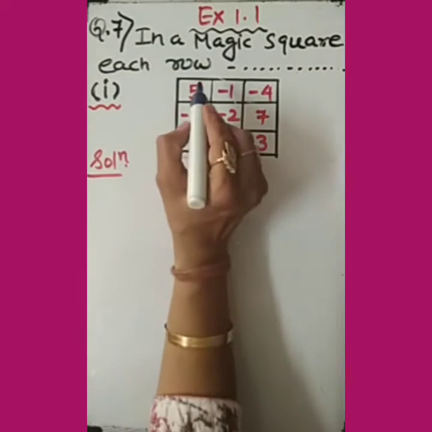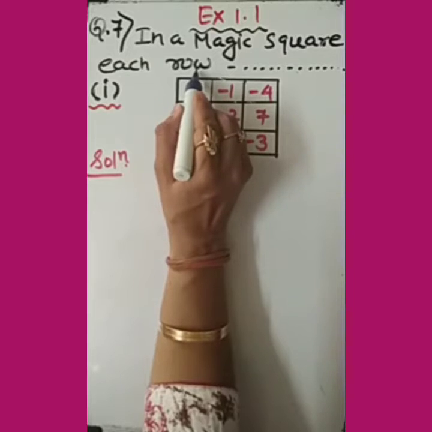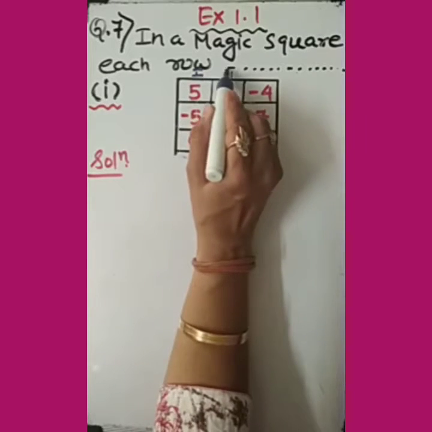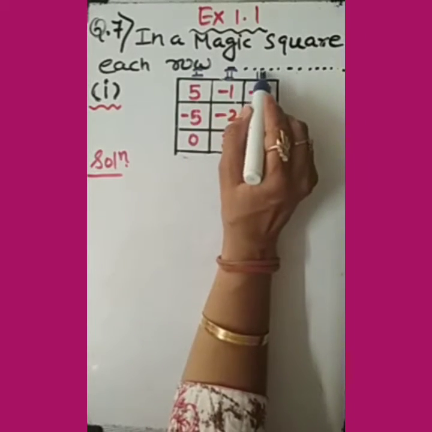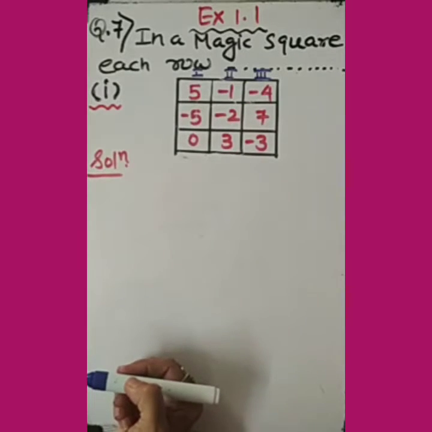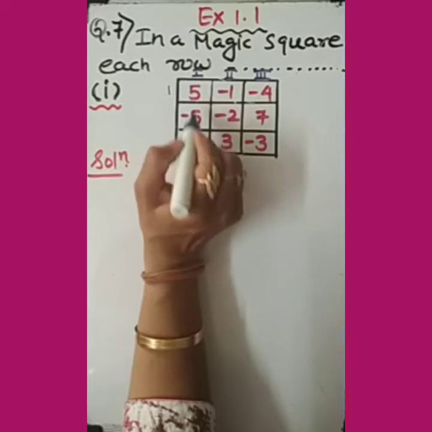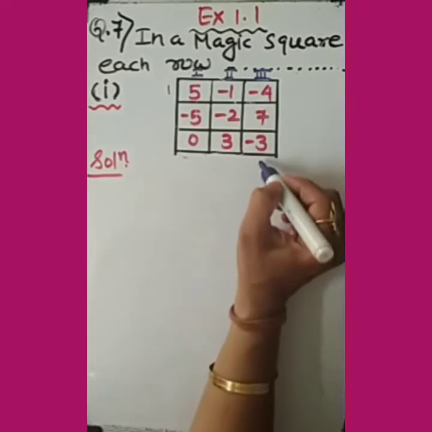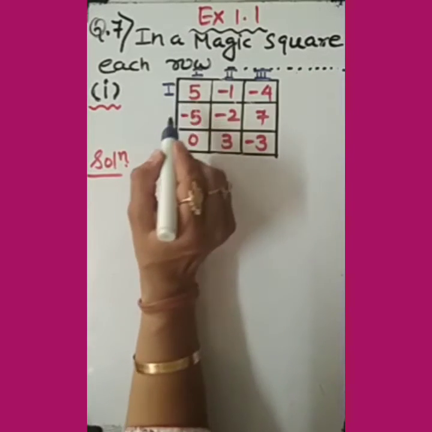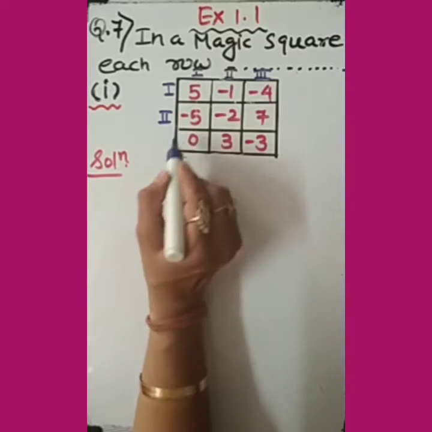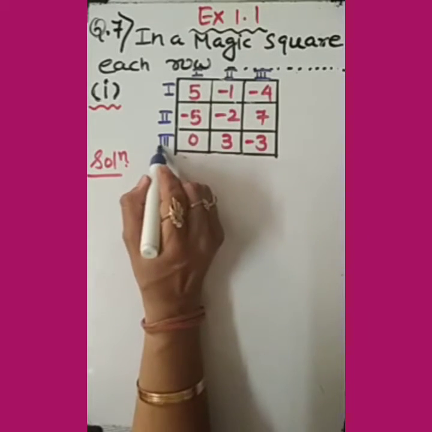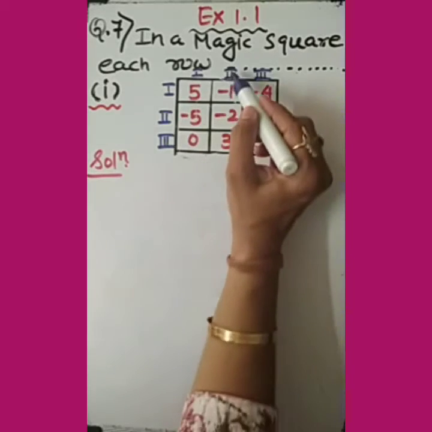Let me call this your first row, this your second row, this your third row. Please mention in your copy the first column, second column, and third column. This is actually column.